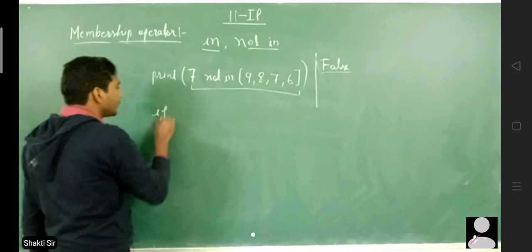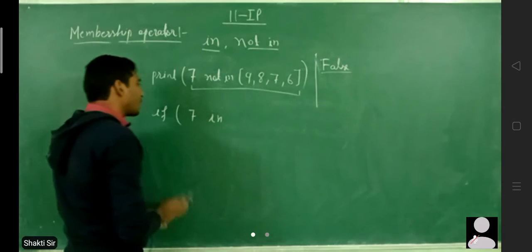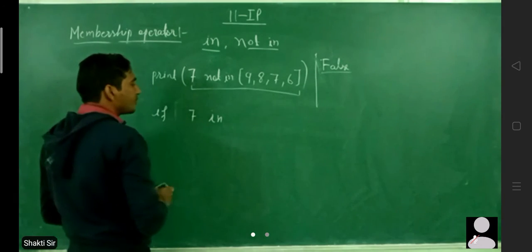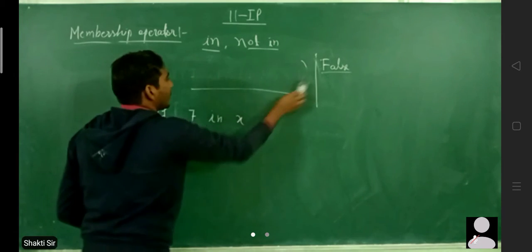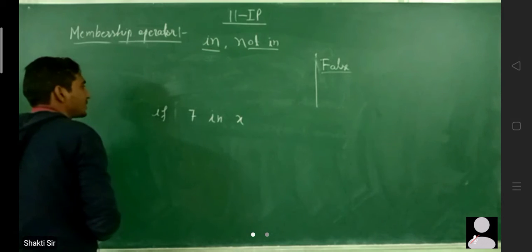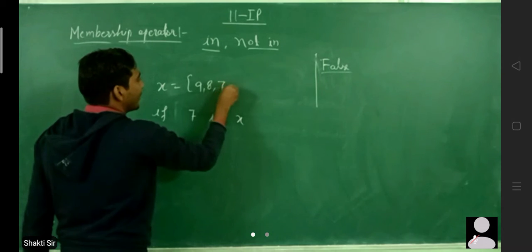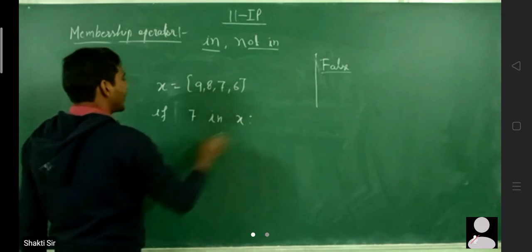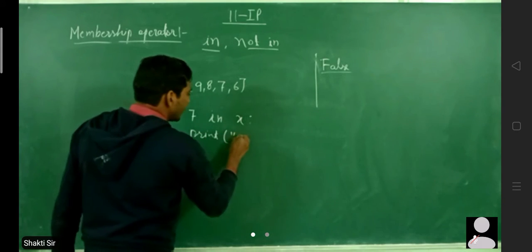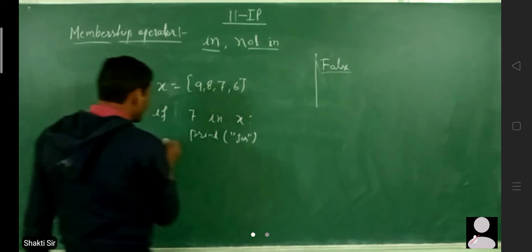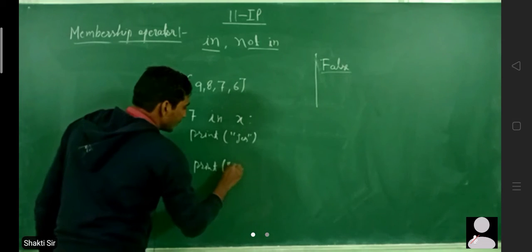You are not required to use parenthesis here, you just use if 7 in x, and here I can use a variable x like this, x is equal to 9, 8, 7 and 6, and here I am checking if 7 in x, then print yes, and if it is not, that means else, then print no.